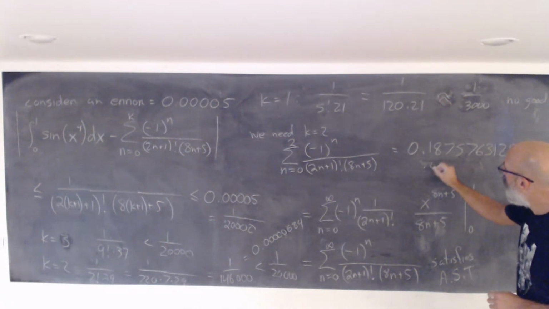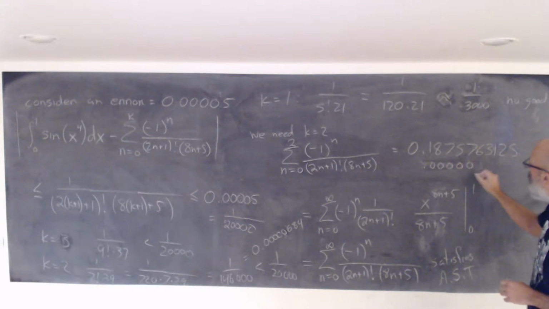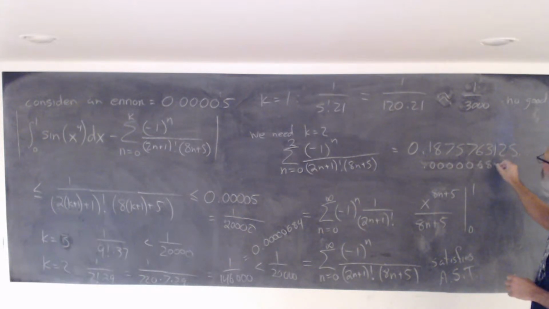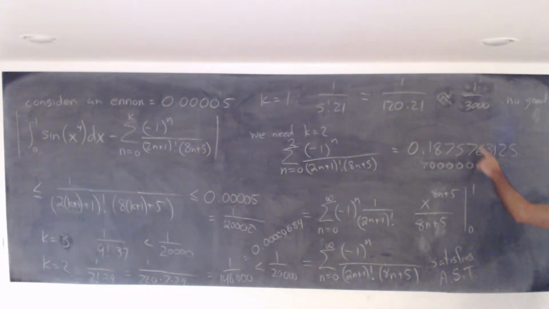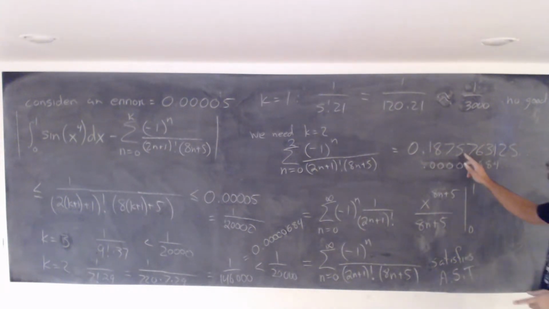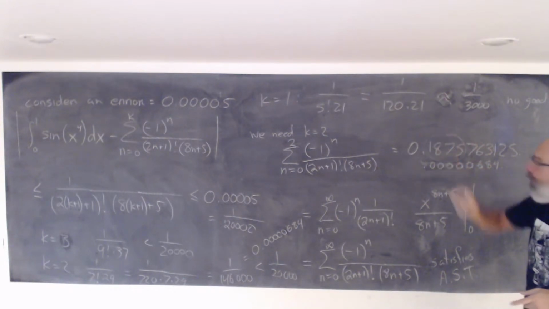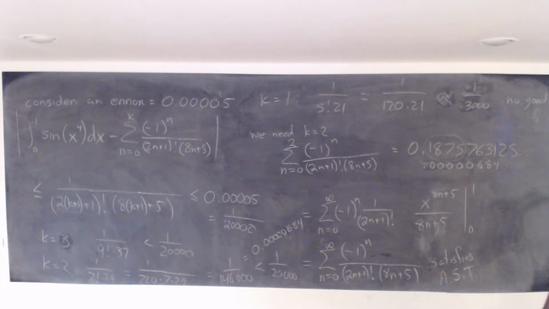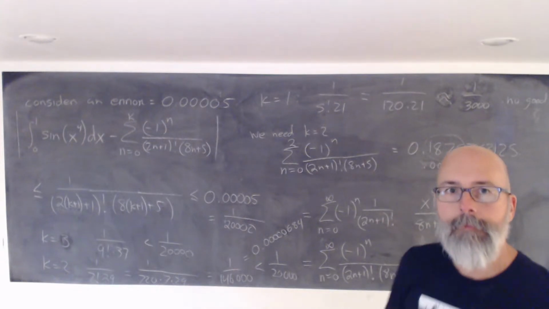So if you have 50684 and so on, whether you add or subtract, the 7 could change. It could be a 6, it could be an 8. Who knows? But these 4 will not change. And that's what we wanted. So now we are absolutely sure that the first 4 decimal places are 1875.